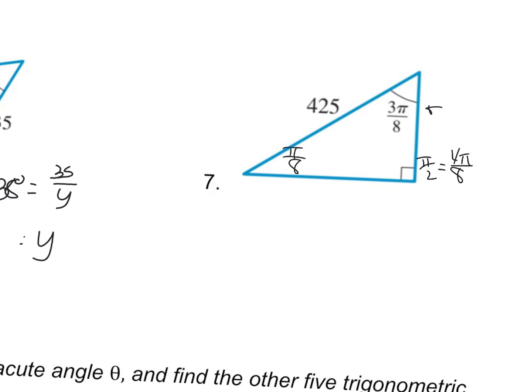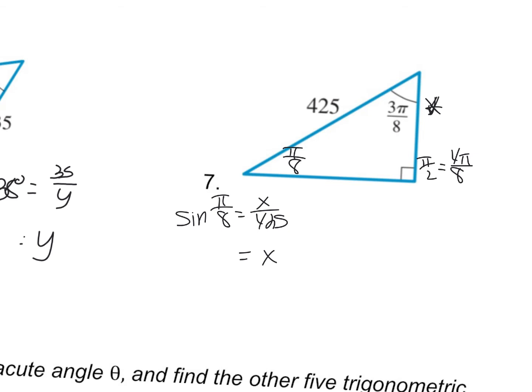So there's the angle. And this time I know the hypotenuse. I don't know either of the other sides. First I'm going to go sine of pi over 8 equals x over hypotenuse. I'm basically saying this side right here is side x. I'm going to figure out what that is. Because the 425 is in my denominator, I'm going to multiply 425 times sine pi over 8.